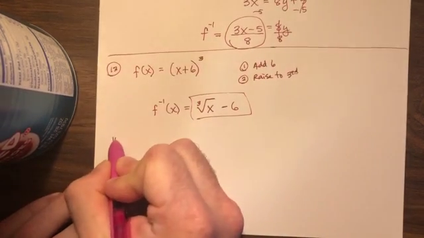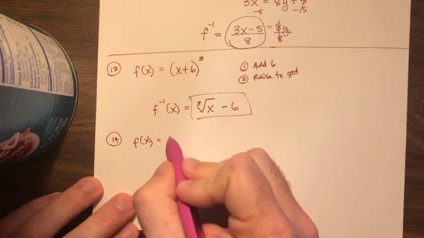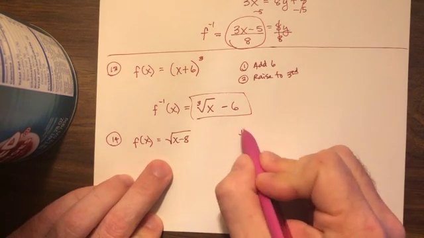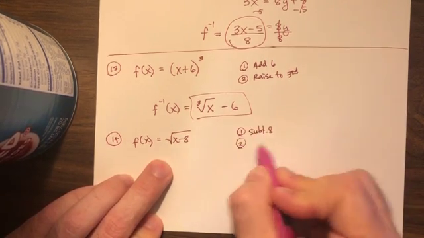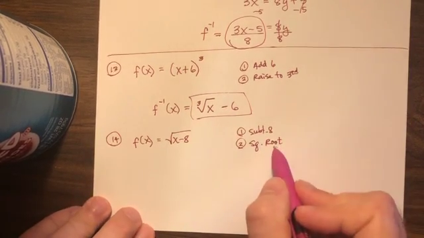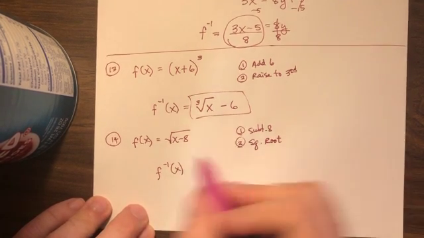Number 14. f of x is the square root of x minus 8. The first thing I do here is subtract 8, and then take the square root. Now what's the opposite of square root? It's raising to the second.